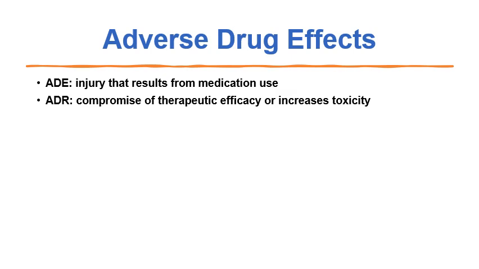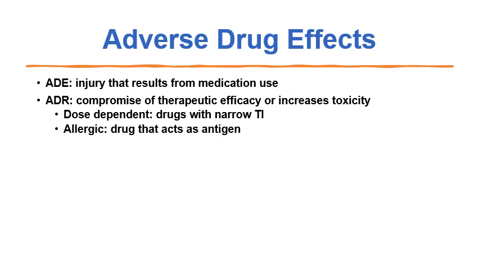Again, some of those could be dose dependent. We talked about the idea behind drugs that have a narrow therapeutic index. Some drugs people just have allergies to, and allergic reactions aren't necessarily dose related, and they typically do require exposure to the medication. And then some things could be what we call idiosyncratic.